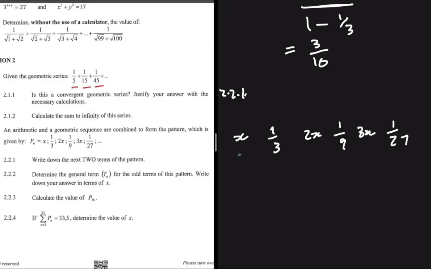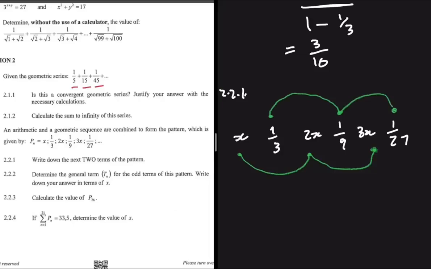So the first term is x, and then the third term is 2x, right? And then the fifth term is 3x. That is our arithmetic sequence. On the other hand, we have 1 divided by 3, and then 1 divided by 9, and 1 divided by 27. That is our geometric sequence.